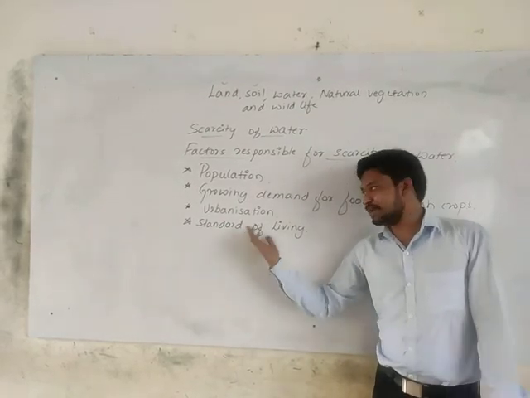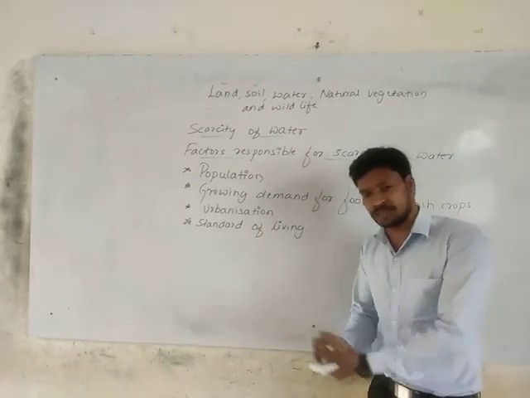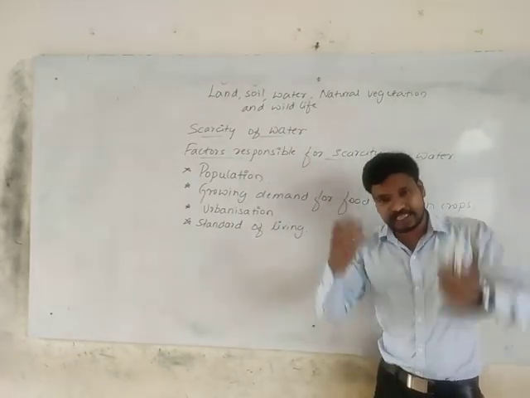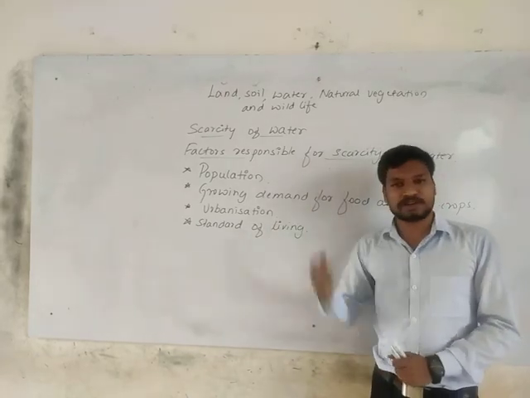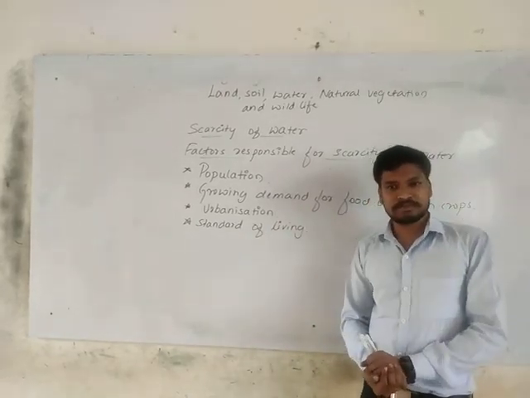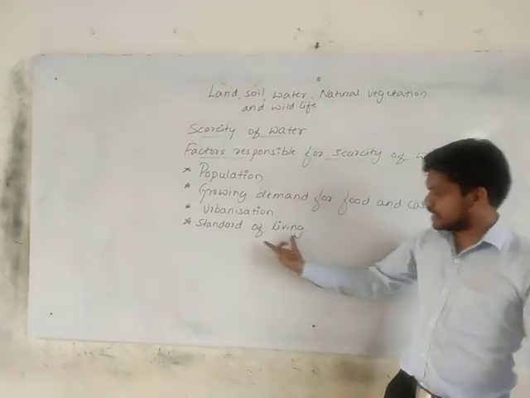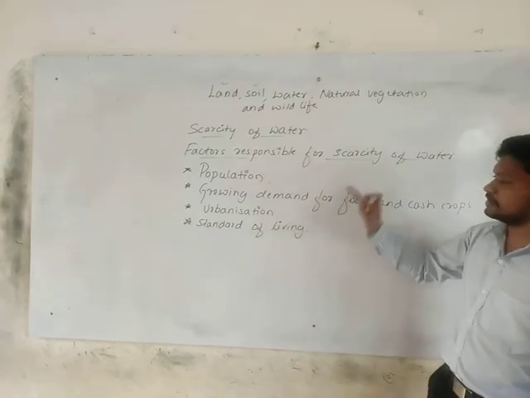So for that, they make use of water in abundance. They need fresh water. Everybody, even for washing hands or taking a bath, uses fresh water. So we are exploiting more water, and that's another reason for scarcity in the water.